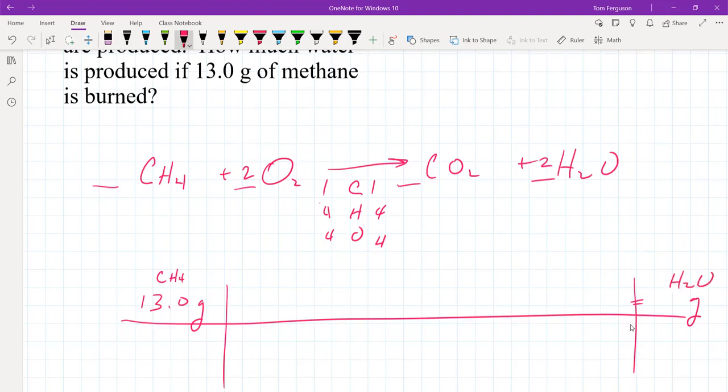Now, the past dimensional analysis problems we've done, there's been no chemical reaction. There's only been a physical change. So now we have to go from grams to moles of methane, and then from moles of methane to moles of water, and then grams of water. So it's going to be in 3 parts.